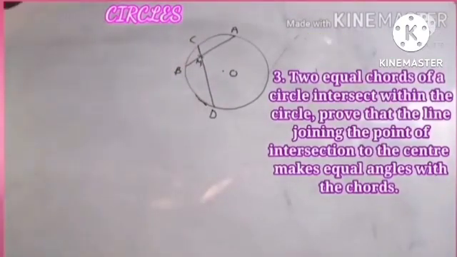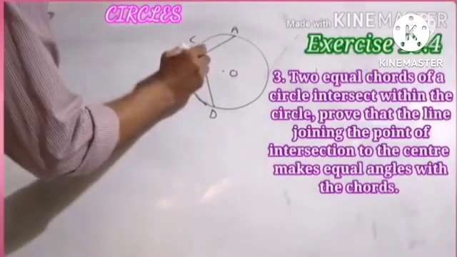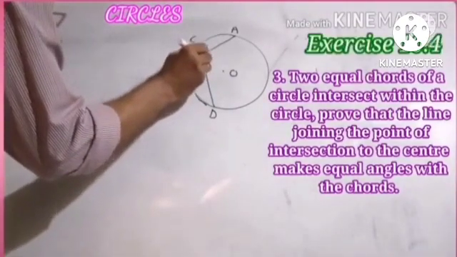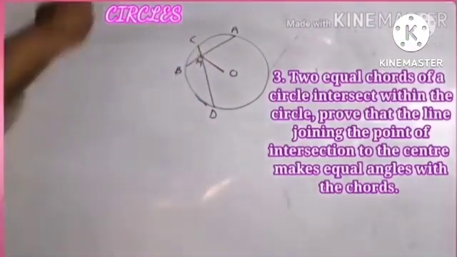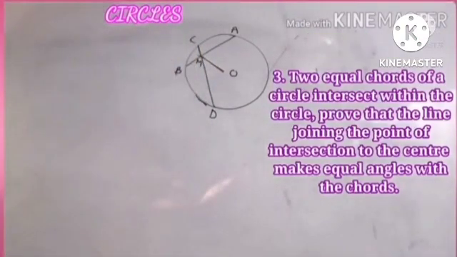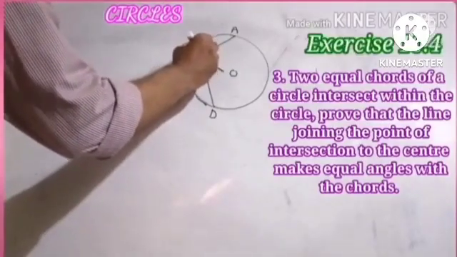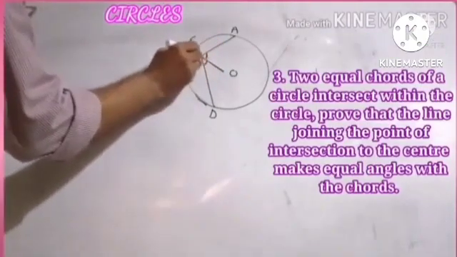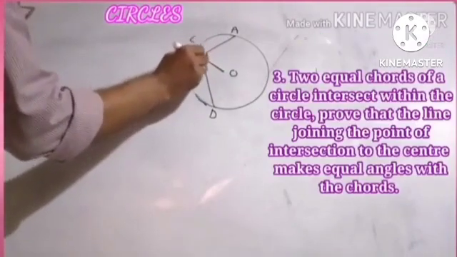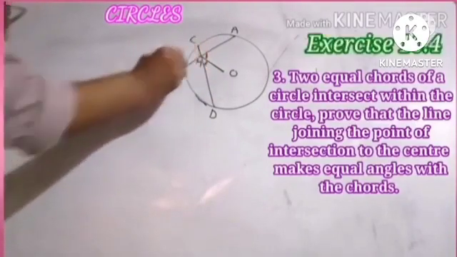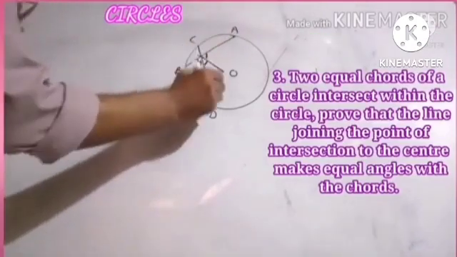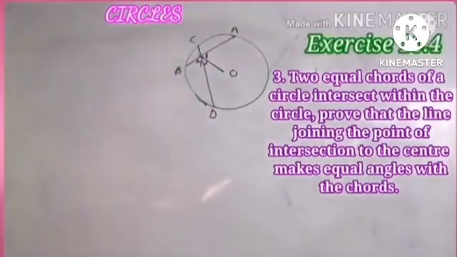What is to prove here? The line joining the point of intersection to the center makes equal angles with the chords. The point of intersection is M, so join OM. When you join MO, two angles are formed. We have to prove these two angles, AMO and DMO, are equal.